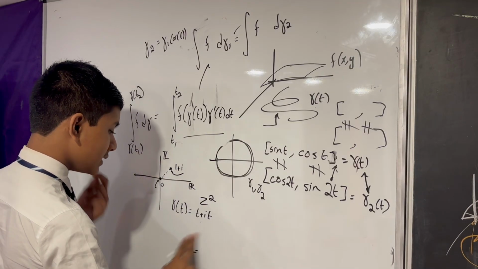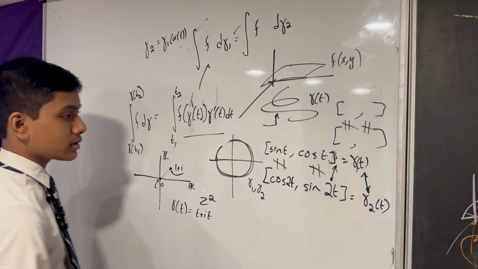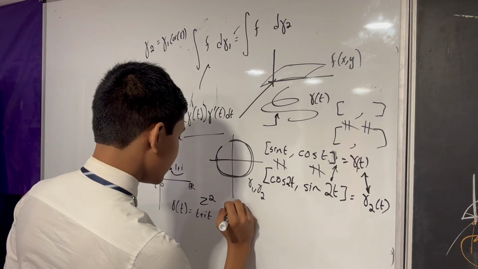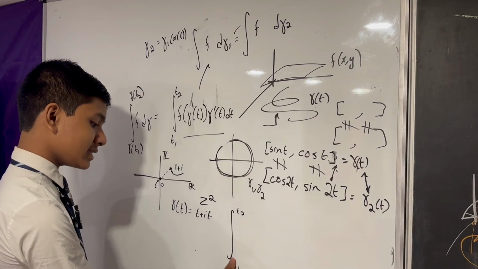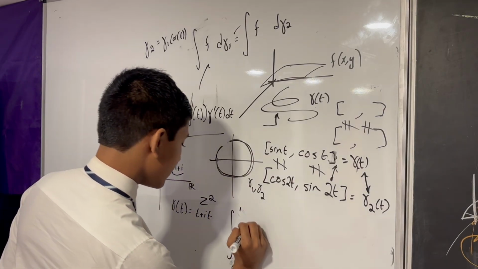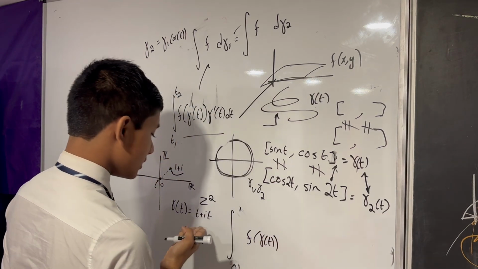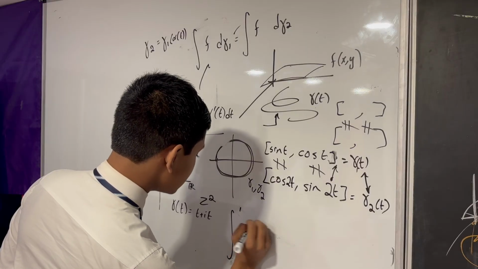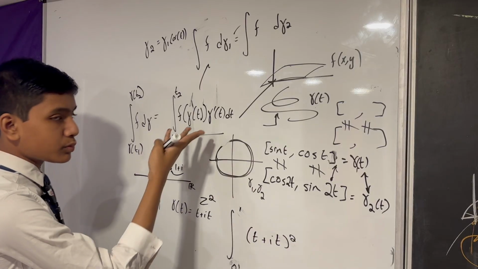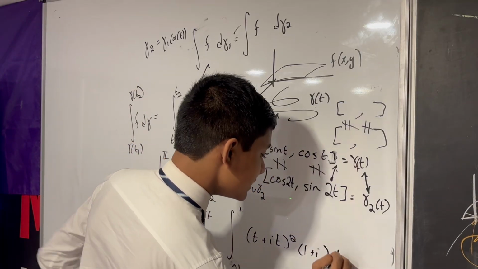If we just choose t plus it for now, how do we calculate this? Well, it's probably pretty simple for you. This is just from t1 to t2, and you can imagine that t1 is 0 and t2 is 1, f of gamma, which is t plus it squared, multiplied by gamma prime of t, which as you can see is 1 plus i dt.